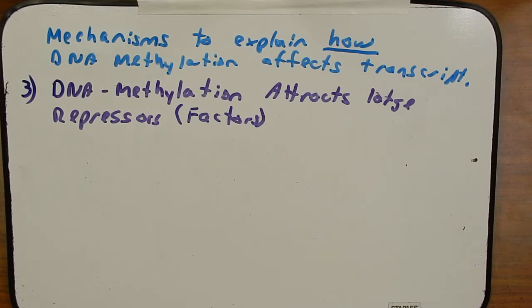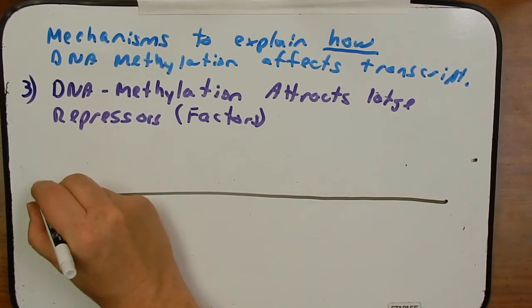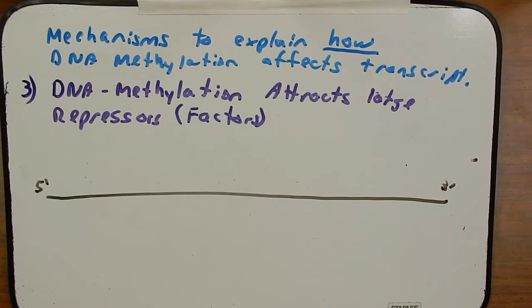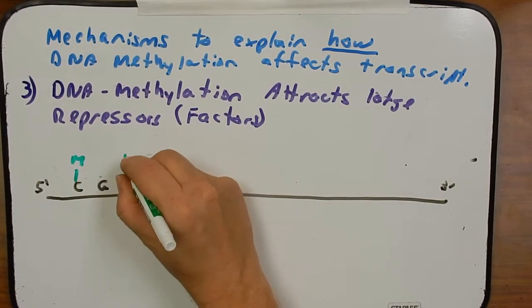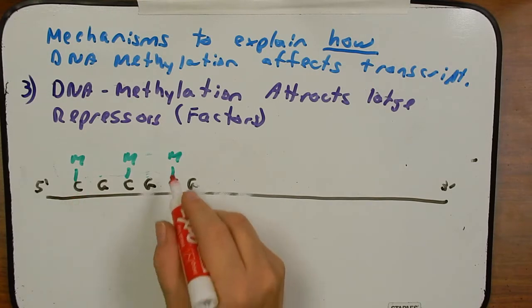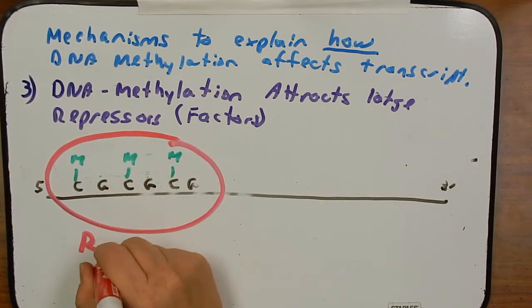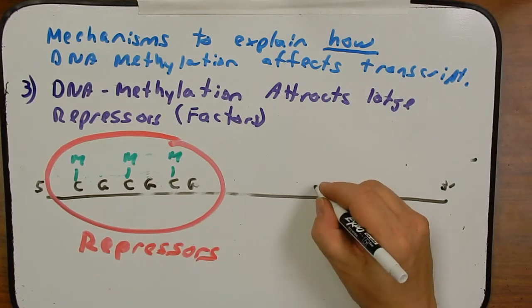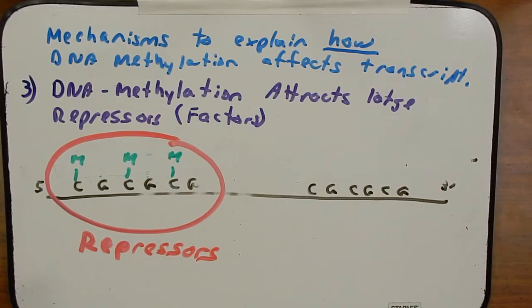And what this mechanism suggests is that we have our DNA here, a 5' 3' end, and that within these CpG repeats, it contains these methyl groups on the cytosines, and these methylated cytosines act sort of as a target for large repressors. They wouldn't recognize a region down here, CG, that's not methylated. They require the methyl group on the cytosine.